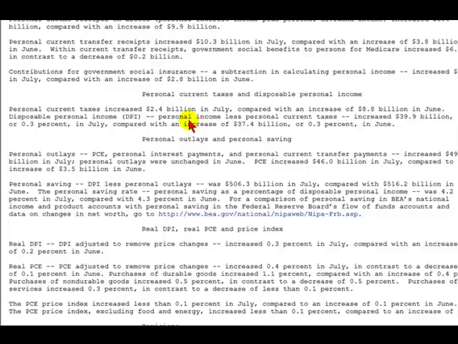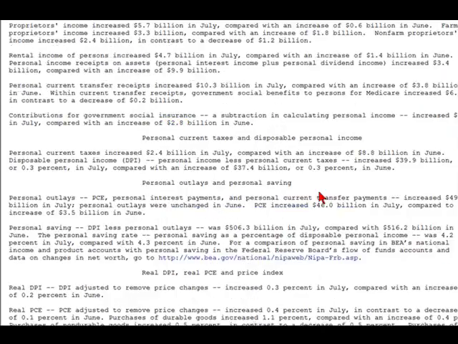Personal consumption expenditures are purchases of things and services used by a consumer. The three major components are durable goods, non-durable goods, and services. Personal saving is simply the income left over after paying taxes and after personal outlays.